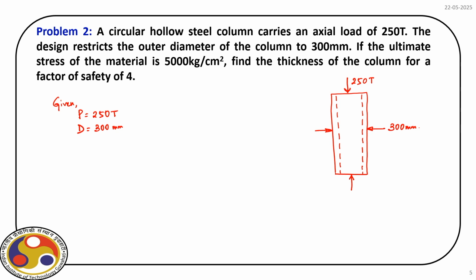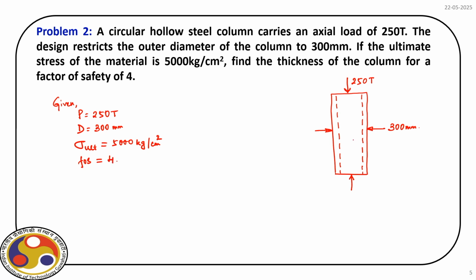And the problem says, if the ultimate stress of the material is 5000 kg per centimeter square. So, sigma ultimate is equal to 5000 kg per centimeter square. Find the thickness of the column for a factor of safety. So, factor of safety is given, it is 4.